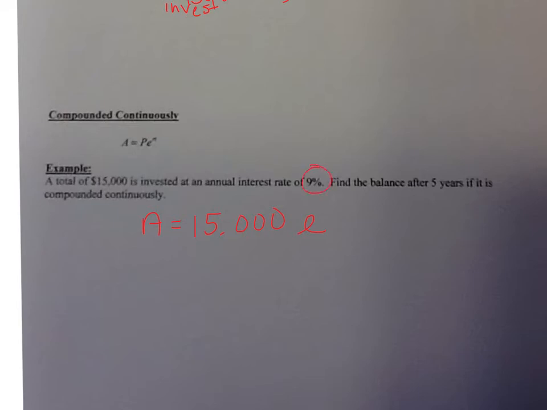My percent as a rate would be 0.09. So it'd be 0.09 times 5, because we're leaving it in the account for 5 years. You could just plug that in your calculator all at one time. You get $23,524.68.